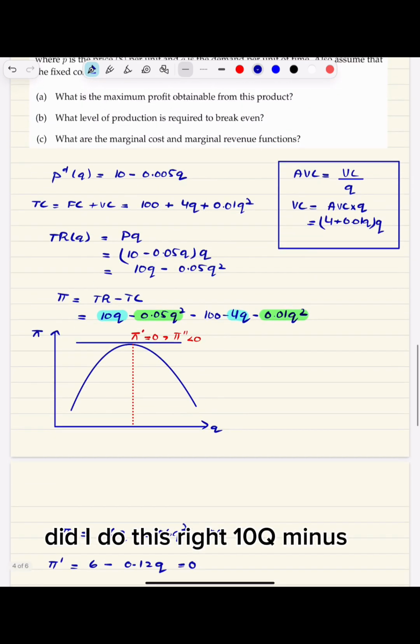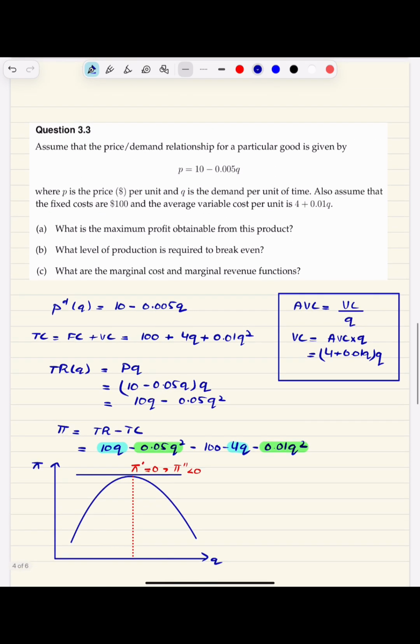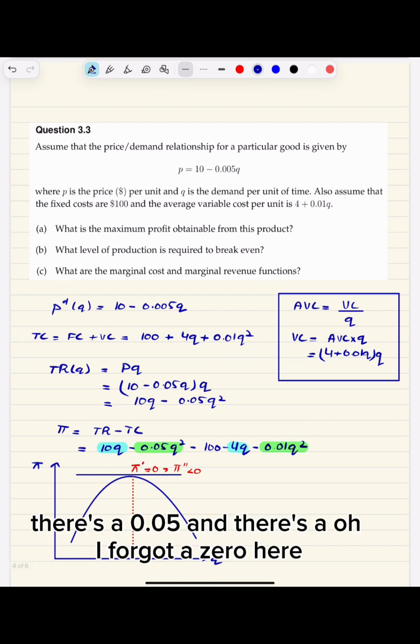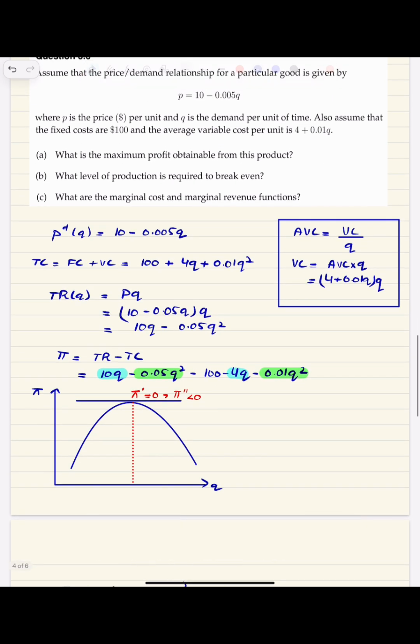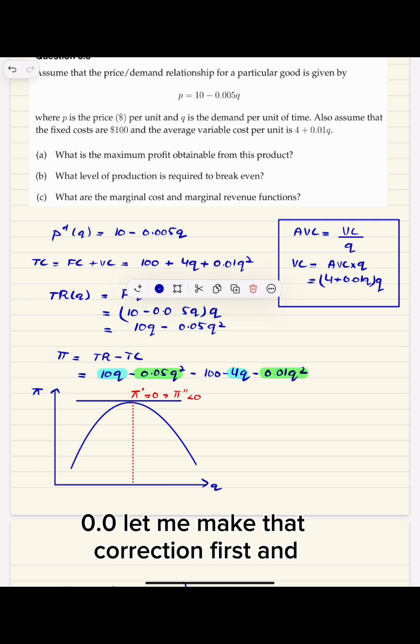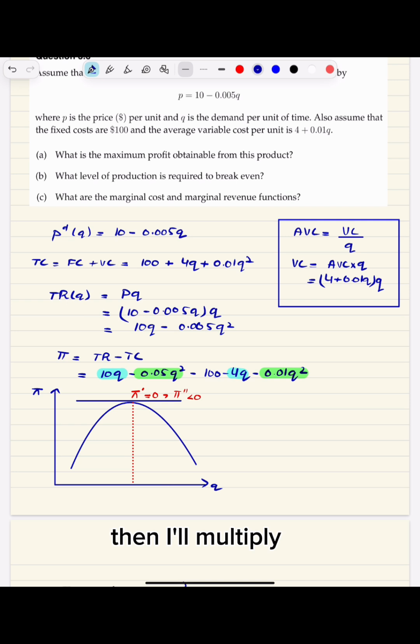Did I do this right? 10Q minus, there's a 0.05 and there's a, oh, I forgot a 0 here. We had a 0.005 here. Let me make that correction first and then I'll multiply.